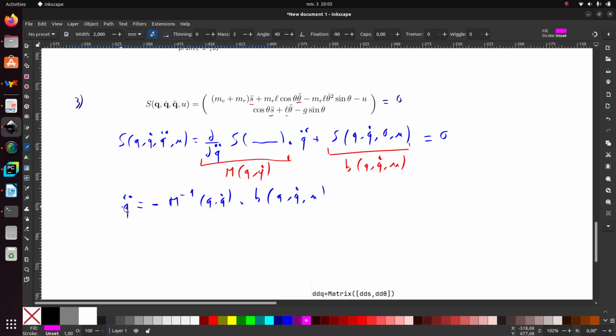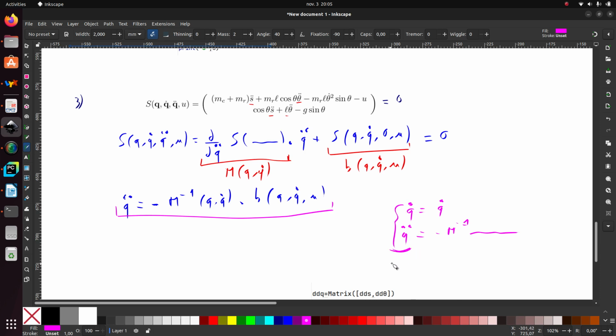So I have this expression, and from it I will have the state equation, which gives me q dot equal q dot, and q double dot, which is equal to this expression, minus M inverse, and so on.